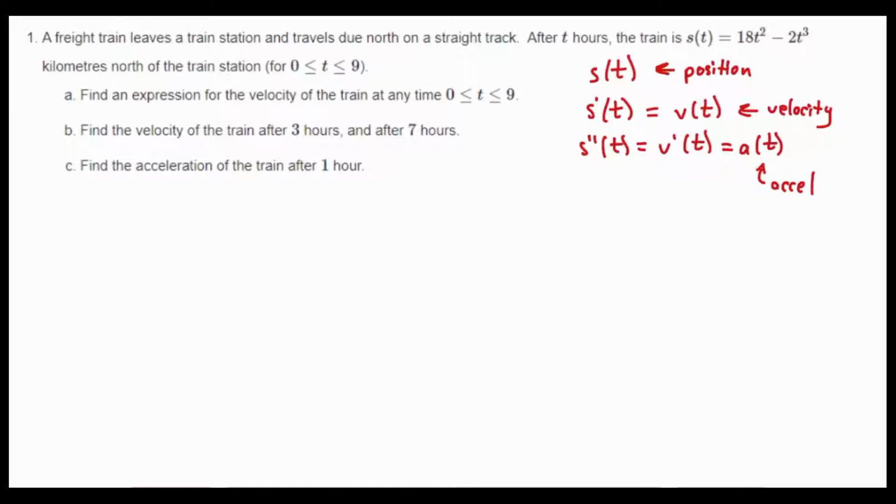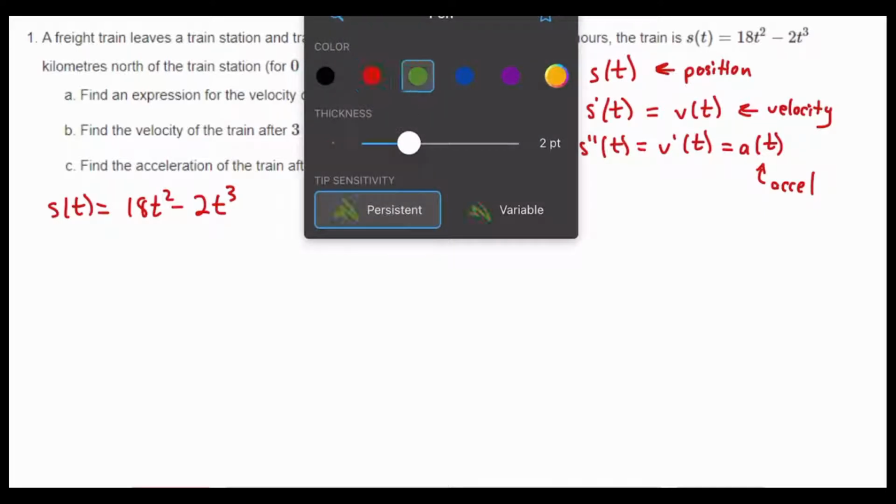All right, let's find some derivatives, and we can kind of do all the work first. So let's find our derivatives, and then let's answer our questions A, B, and C. So first of all, position, s of t is 18t squared minus 2t cubed. I mean, technically this is in the wrong order. Our highest degree should come first, but it doesn't really matter.